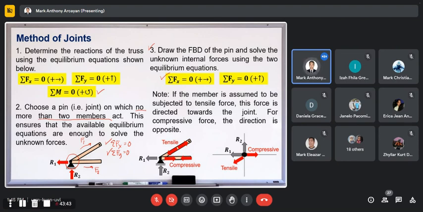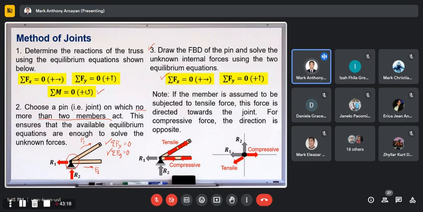Then note pod nimo during the summation of forces, if ang member is assumed to be subjected to tensile force just like this one sa kaning picture, so ang kaning naka-incline nga member kay tensile siya. So inyo makita ang arrow niya kay away siya, giinat man ang member, whereas kaning nasa horizontal nga member compressive siya kay towards the center man. Then naa pod gihapon atong reactions.